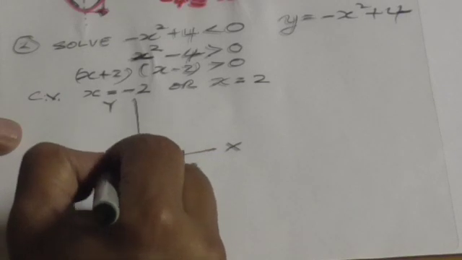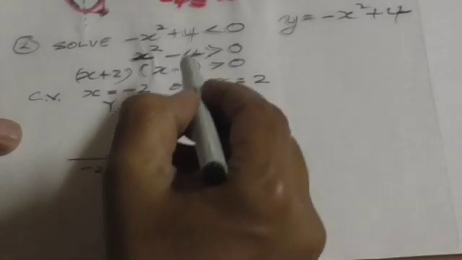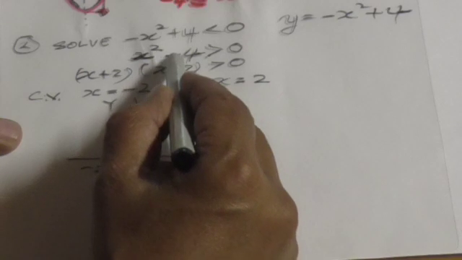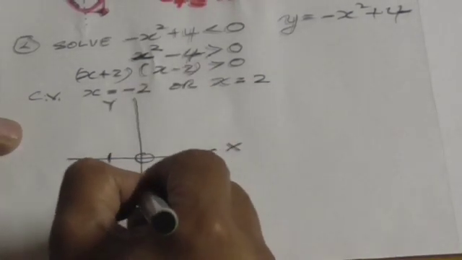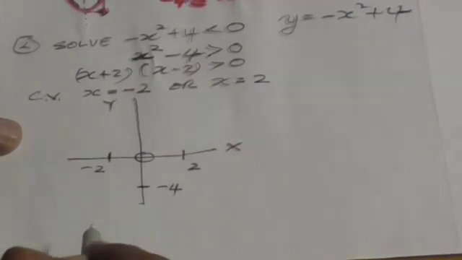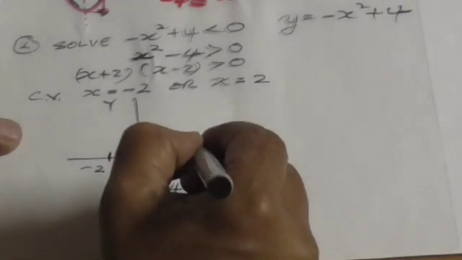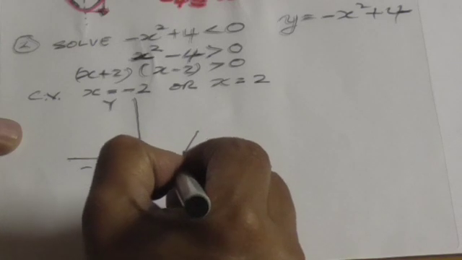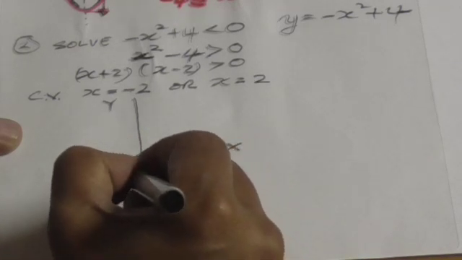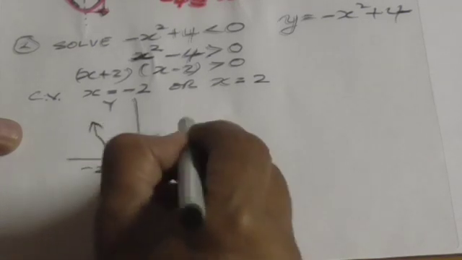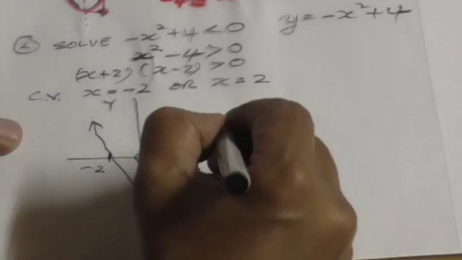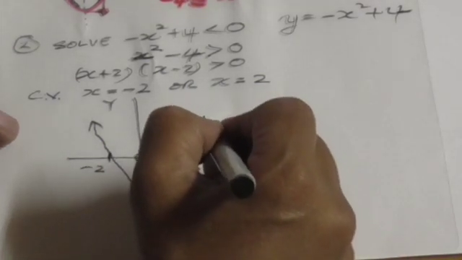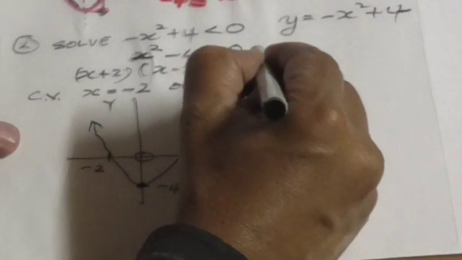So there's your -2, and this is -4. And the graph turns here also. From your knowledge of parabolas, you know all that, so I'm not going to teach you everything about parabolas now.